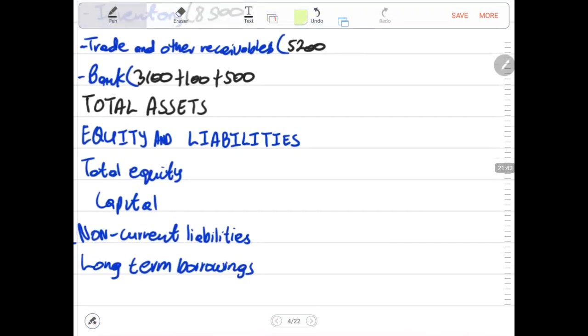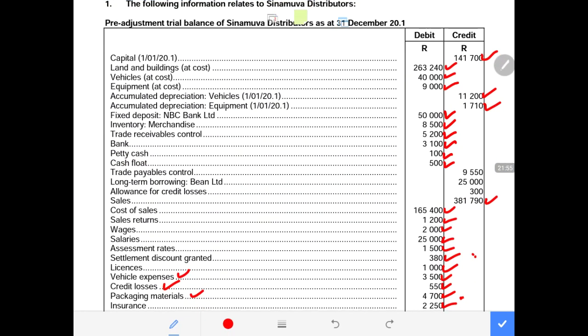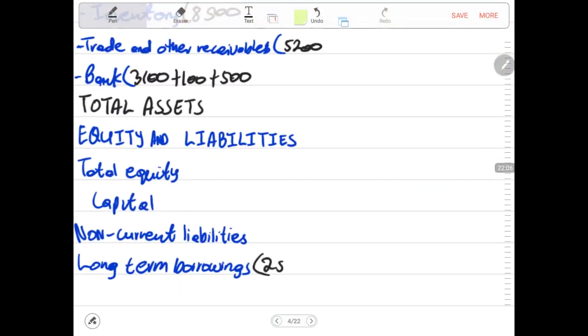Then now we go to our liabilities and equity. There is nothing yet under equity and nothing yet under capital. And under our long-term borrowing, we did have a long-term loan. There was a long-term borrowing from Bean Ltd. 25,000 rands is the amount of the loan that was borrowed.